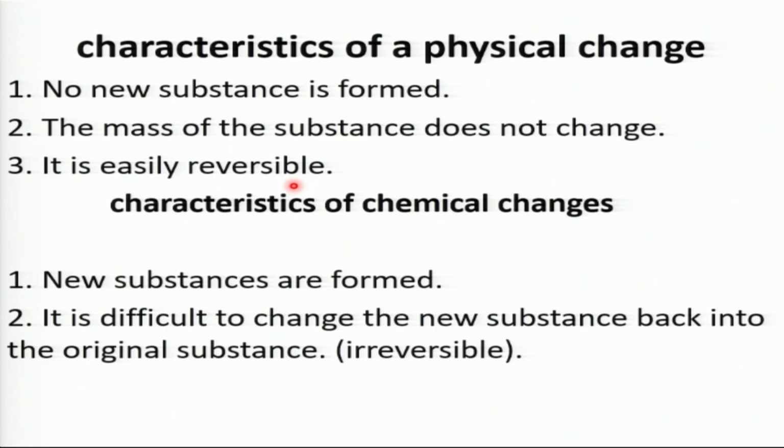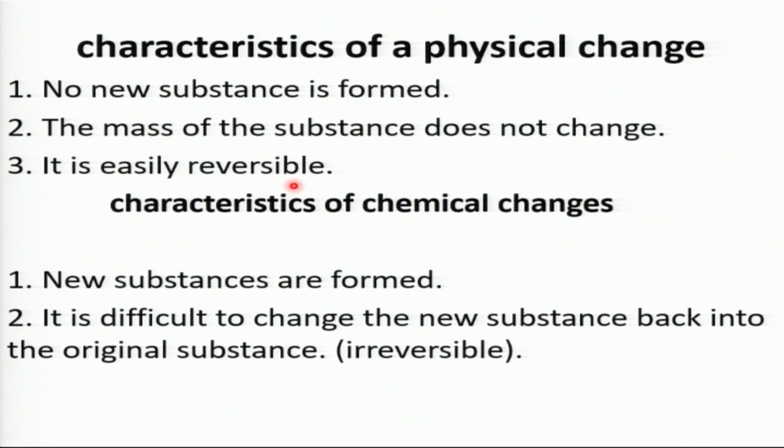You boil water, it becomes steam. When it becomes steam, you can cool down the steam, and then it goes back to a liquid state or to be water. All right? You get water, you freeze it, it becomes ice, but you can melt ice and go back to a liquid state. That is not permanent. It is temporary. It is a physical change.